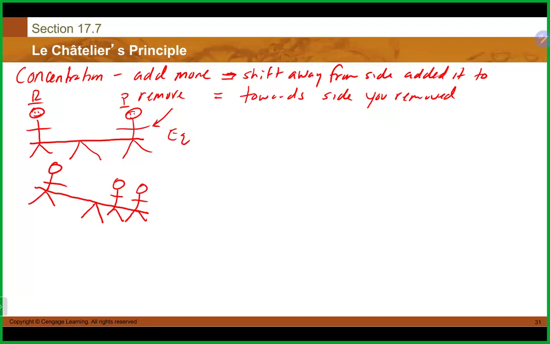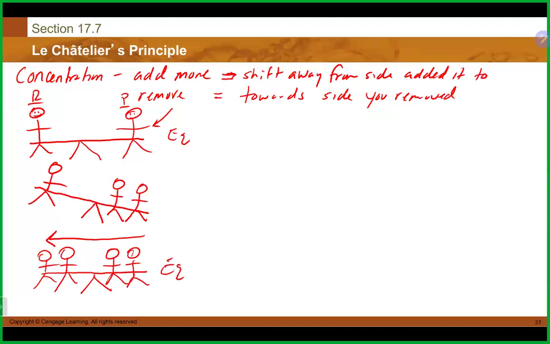And to fix it, we would need to put more people on the other side, so we'll shift away from the side we added to, and that will bring us back to an equilibrium state. So when we add, it goes away from the side we added it to, really because it will kick off that reaction away from it.